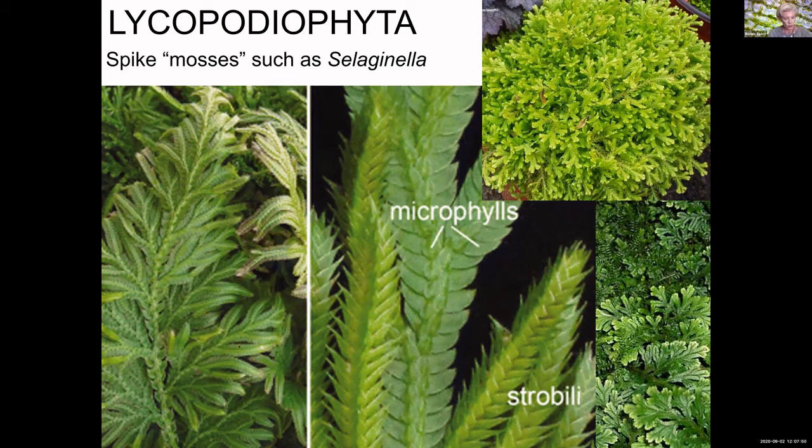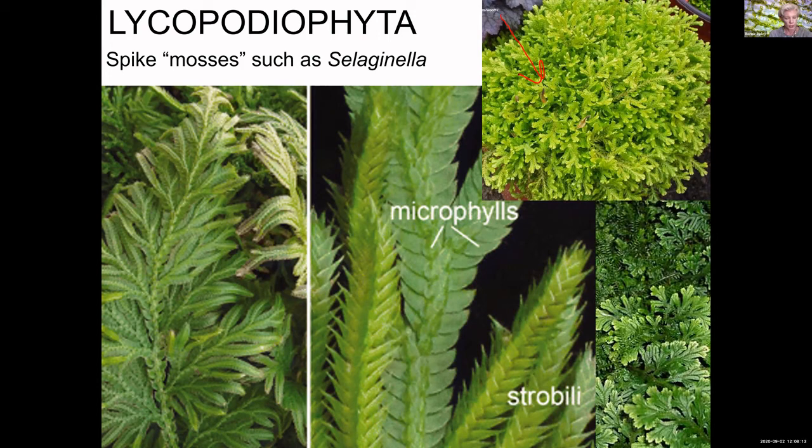We have these ones called spike mosses. Now I put moss in quotes here because they're not true mosses, they're not bryophytes, but they're sort of fuzzy looking, so people call them mosses. That's the problem with common names. They can be descriptive but not taxonomically relevant. All right? So we have this plant here, Selaginella, is our example of a spike moss.